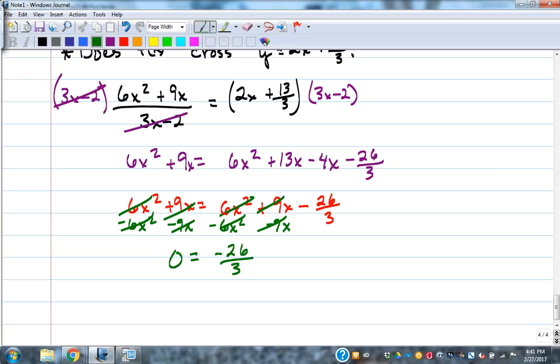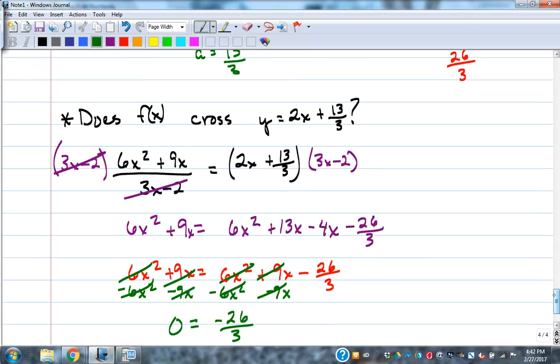It does? You owe me 26 over $3. And can I say you owe me no dollars? I could, but it wouldn't be right, right? 0 doesn't equal that. So that means there's no solution to that equation. If there's no solution, that means that it does not cross. So the answer to that is no.